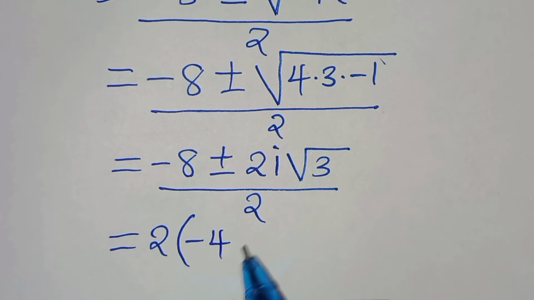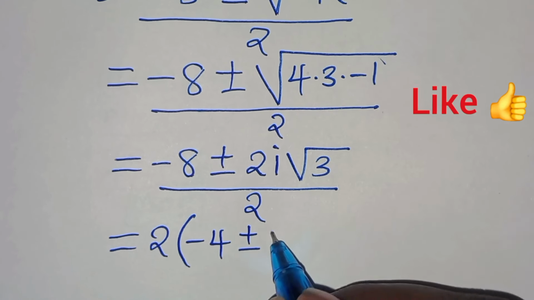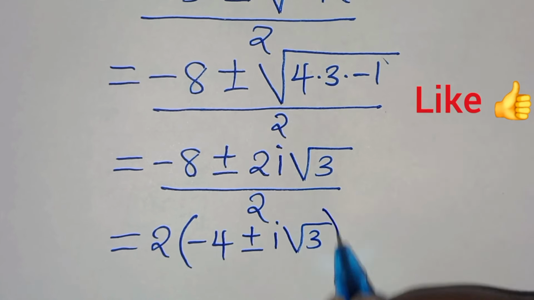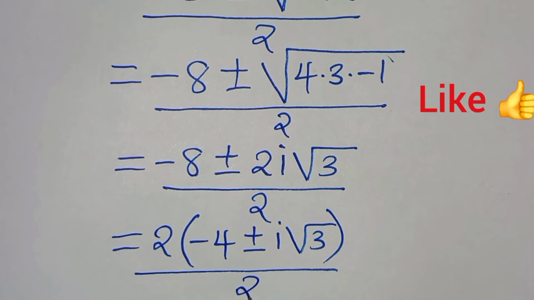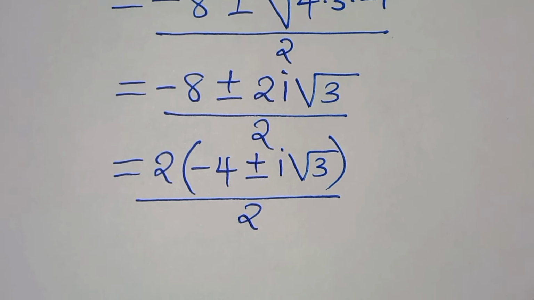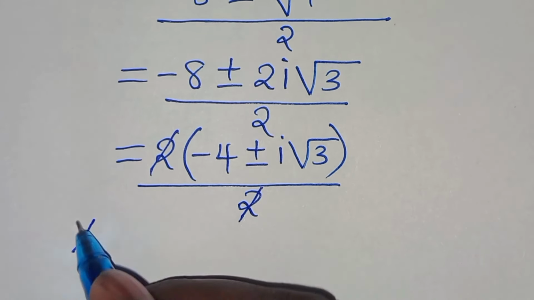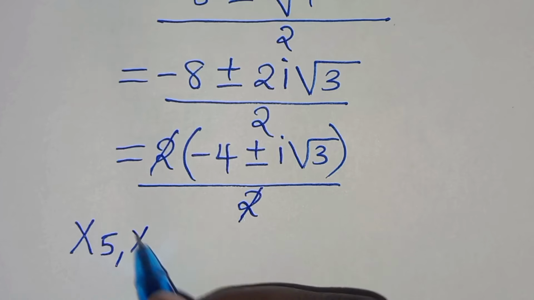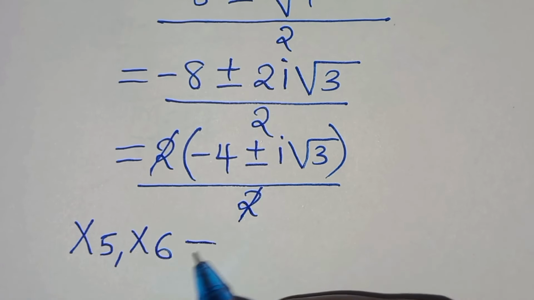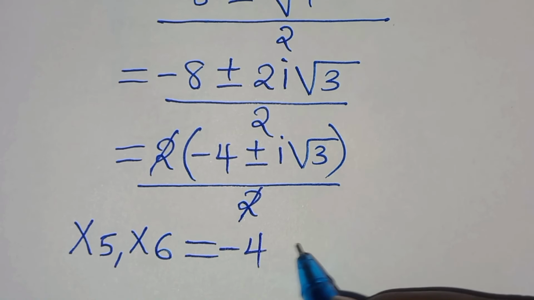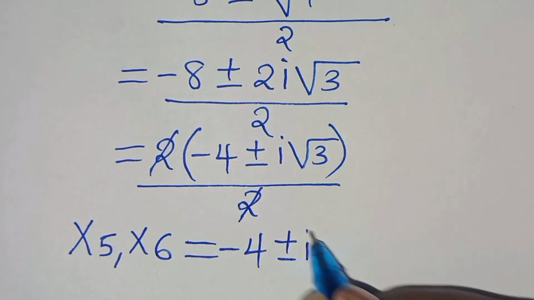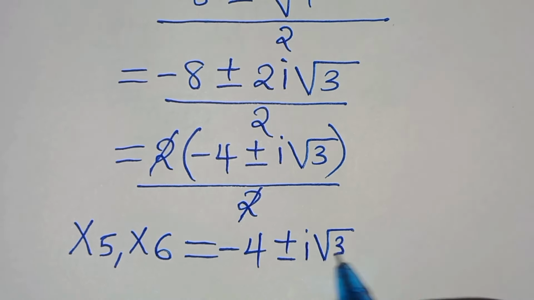This is minus 4 plus or minus i square root of 3, everything here divided by 2. So we can simplify 2 and 2 here, so that now x5, x6 is equal to minus 4 plus or minus i square root of 3.